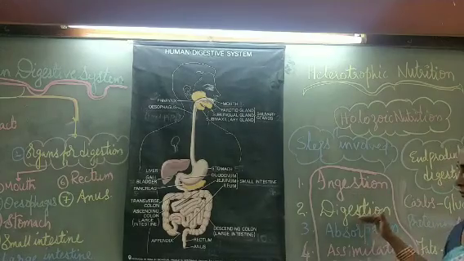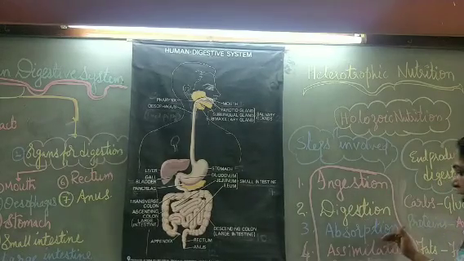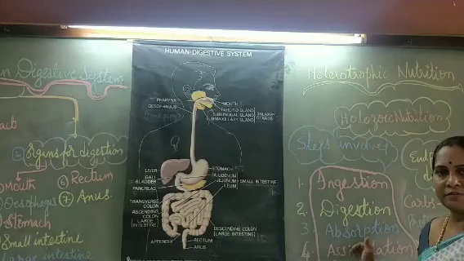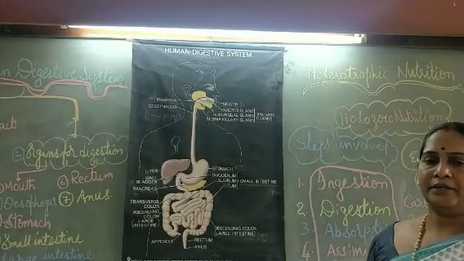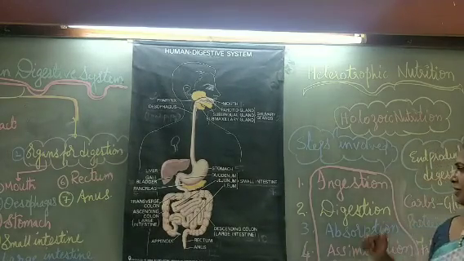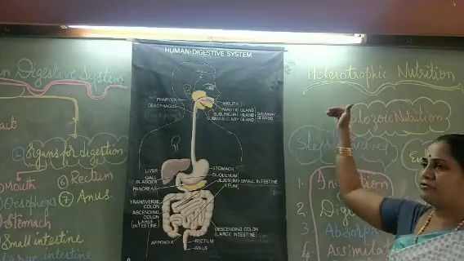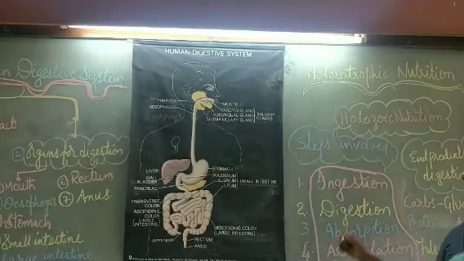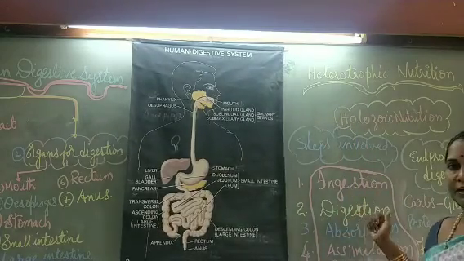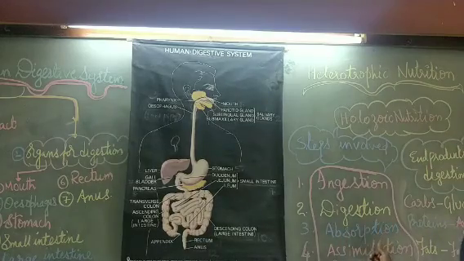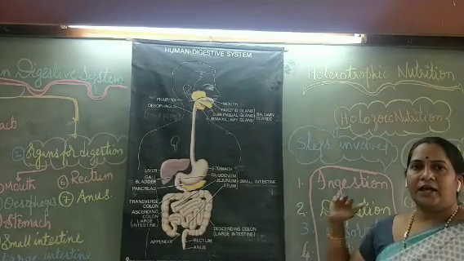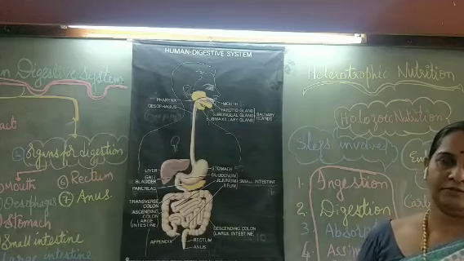The major steps involved in heterotrophic nutrition are ingestion, digestion, absorption, assimilation and egestion.